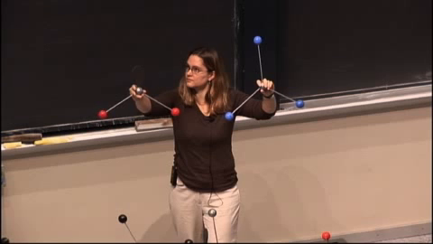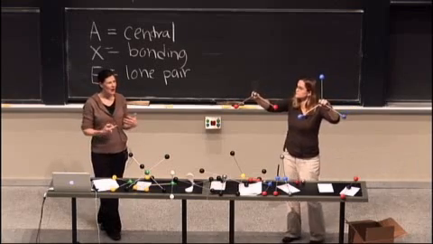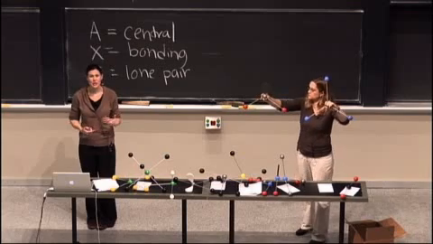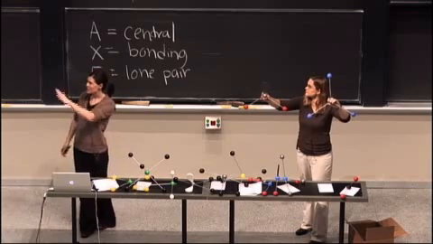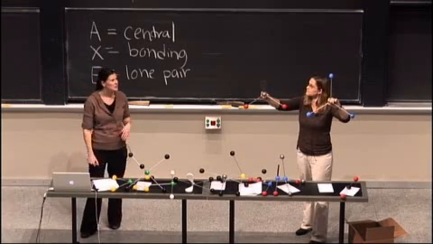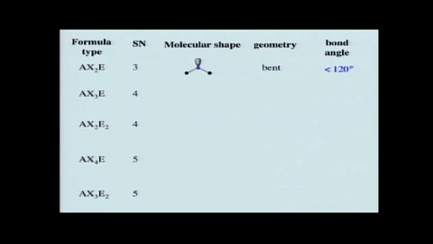So what we end up seeing is that they're going to be less than 120 degrees. It depends on the actual molecule what the exact angles are going to be, so you never have to learn the exact angles in terms of lone pair electrons. You just need to be able to tell us that the bond angle is going to be less than 120 degrees. So let's look at another example here, AX3 with one lone pair, E.